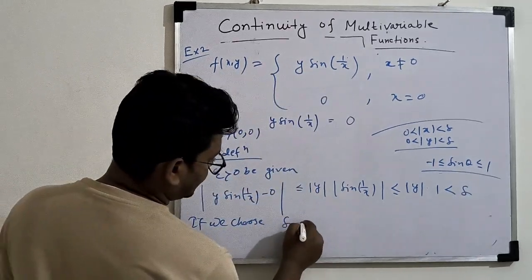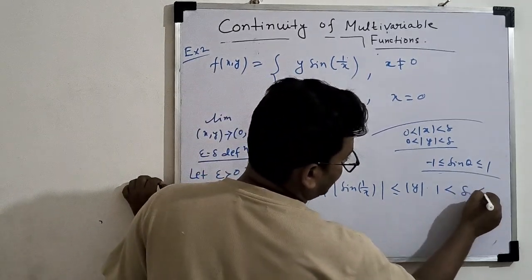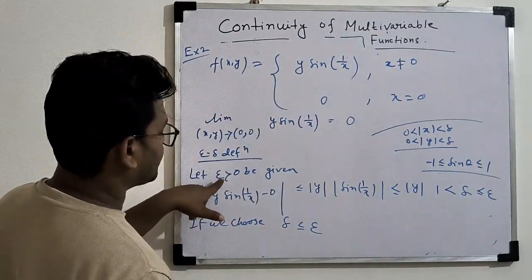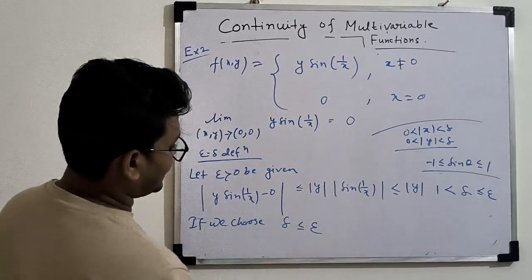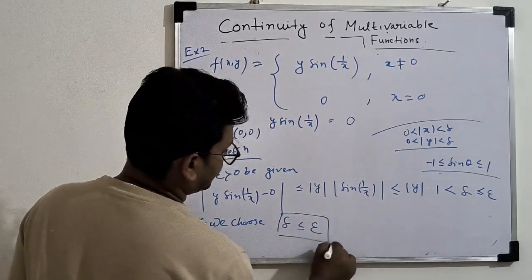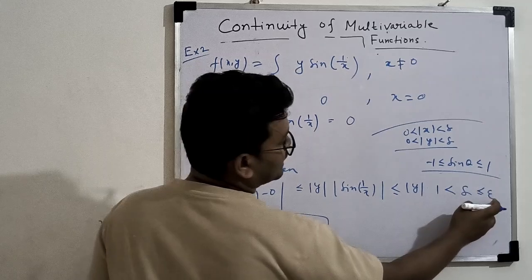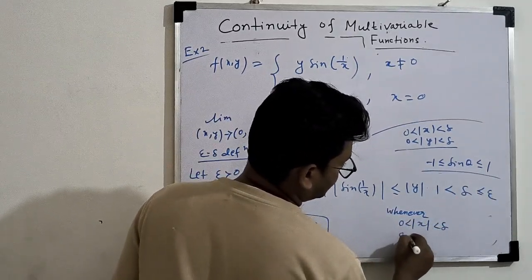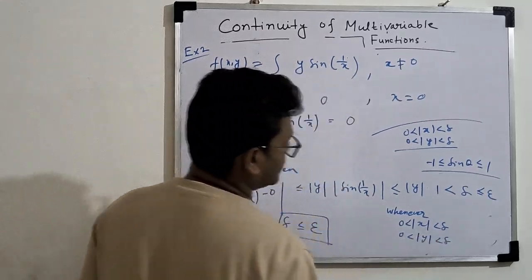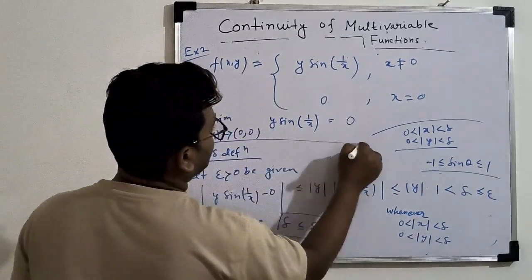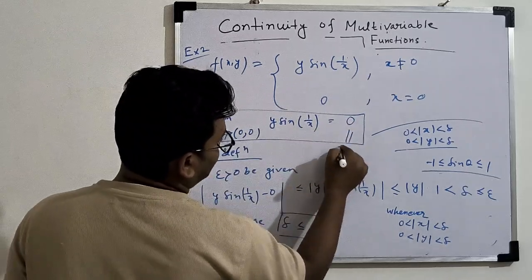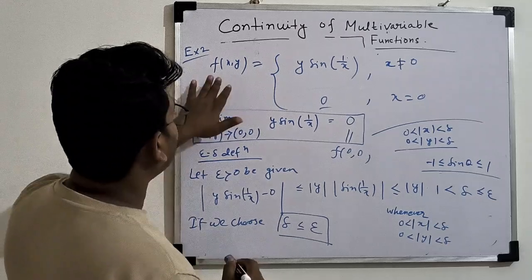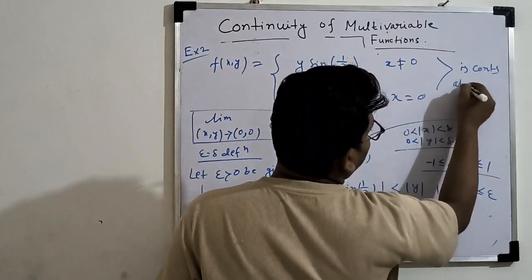If we choose delta less than or equal to epsilon, then this is less than or equal to epsilon. So whenever epsilon greater than 0 is given, we can find delta less than or equal to epsilon such that this is less than epsilon whenever 0 < |x| < delta and 0 < |y| < delta. So we prove that the limit of this function is equal to 0, and 0 is nothing but f(0,0). So this function is continuous at (0,0).